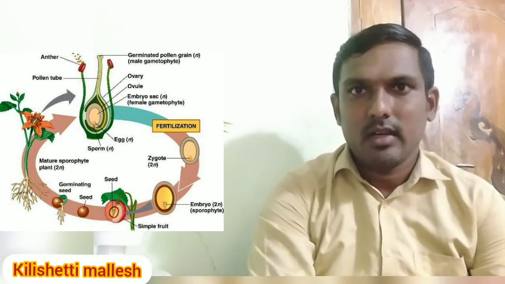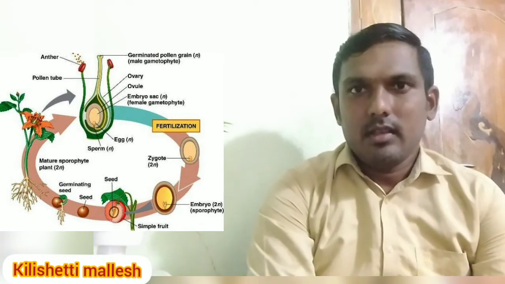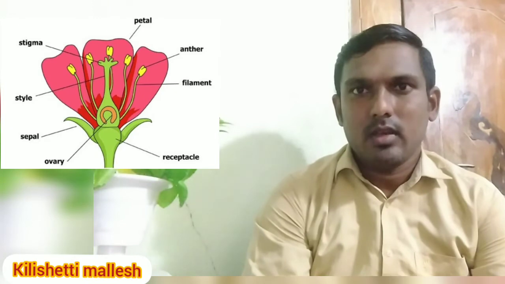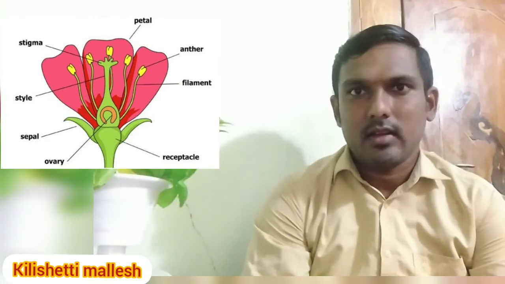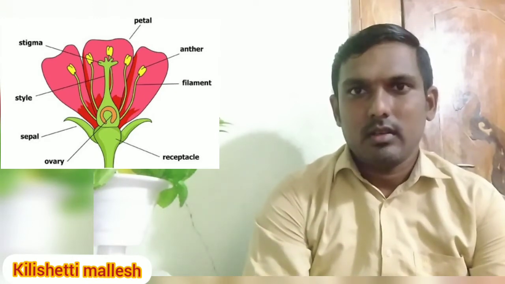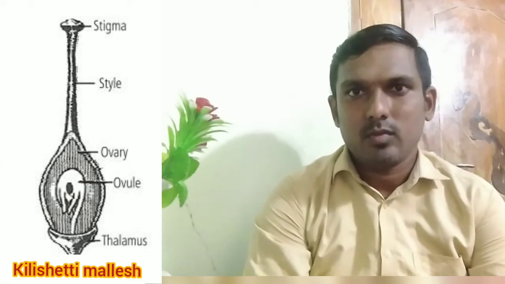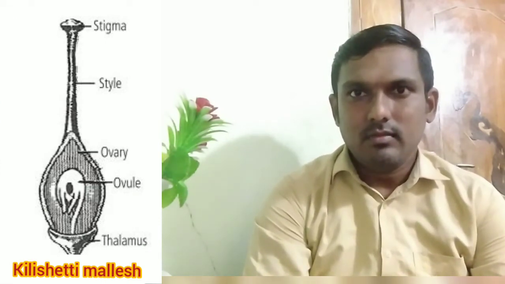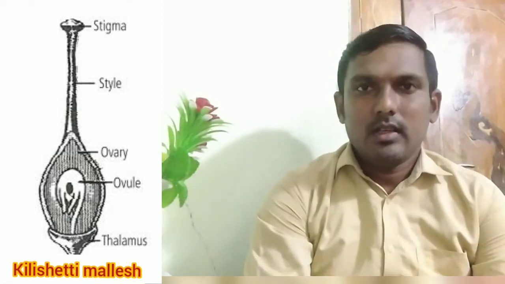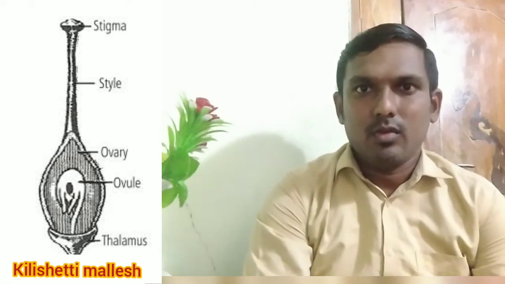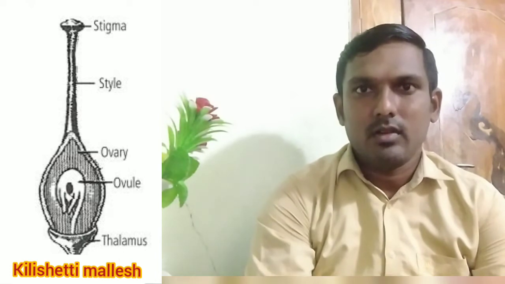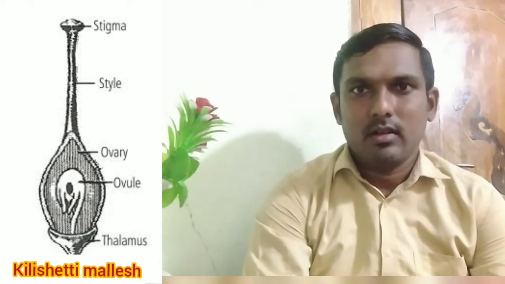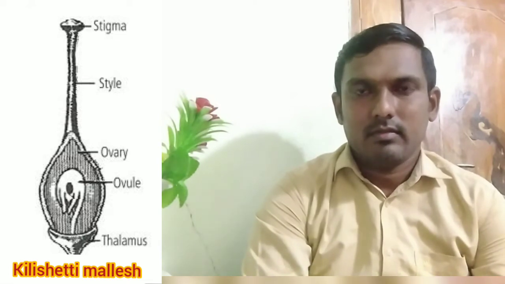The gynoecium contains the style, stigma, and ovary. The pollen grains reach the stigma, travel through the style, and reach the ovary, which contains the ovules. Fertilization takes place and forms a zygote, then a fruit, and the fruit contains the seeds. Then they germinate into a new plant. This is about the structure of the flower.